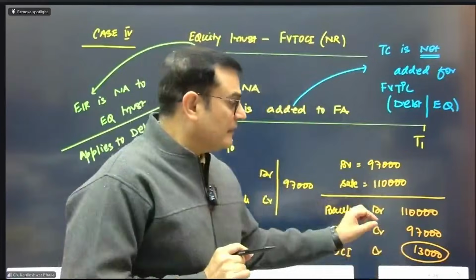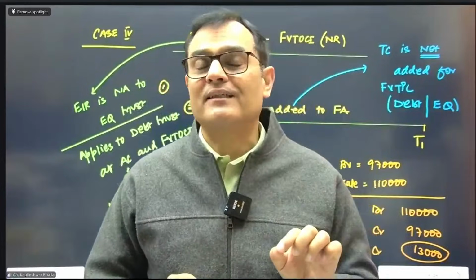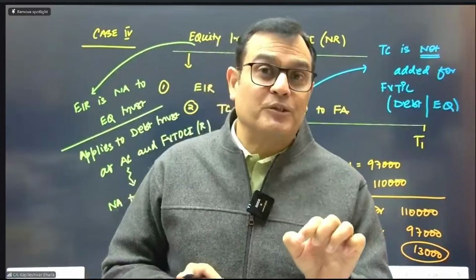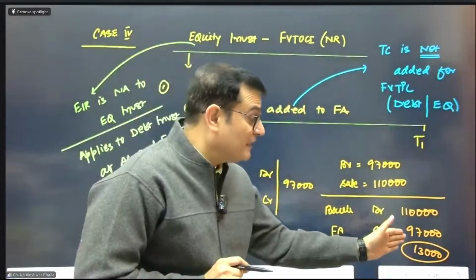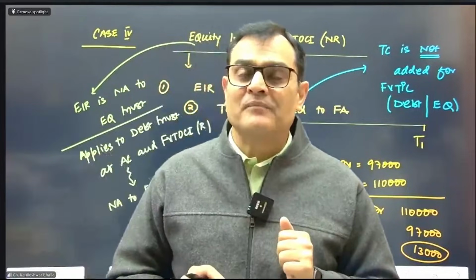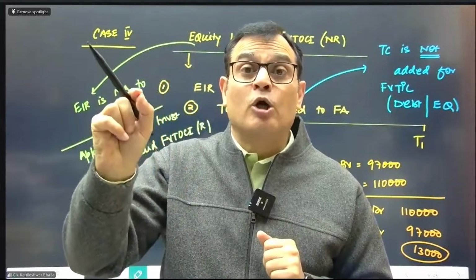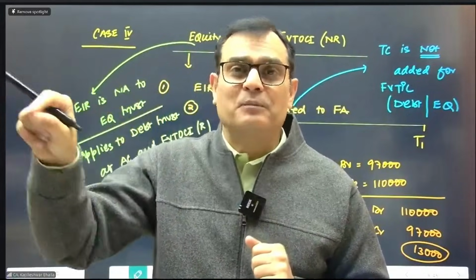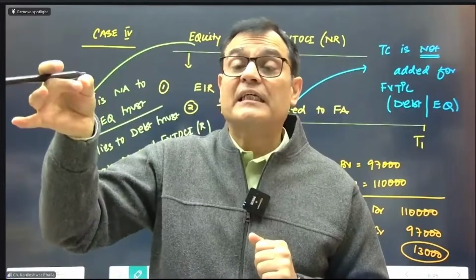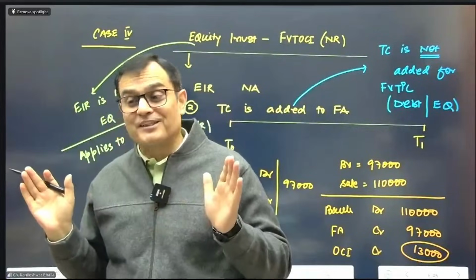So in terms of equity investments, you can see that this figure of TC is also entering the OCI at the end of the year indirectly. Because in terms of equity investments, the standard setters did not want anything to enter the P&L. The realized gain or loss is OCI, the unrealized gain or loss is OCI, and the TC is also indirectly OCI. I hope you got the thoughts clear on that.